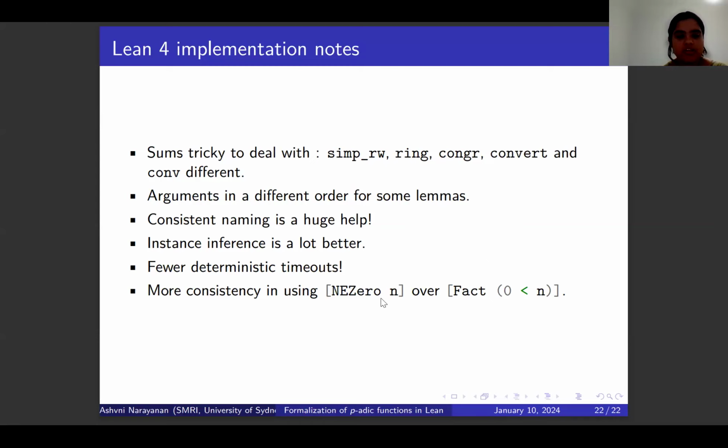And because instance inference was a lot better, I could remove a lot of unnecessary code, which is basically apply instances all over, repeatedly, which was great. In general, I did find my code to be working quicker and there were fewer deterministic timeouts as of now.